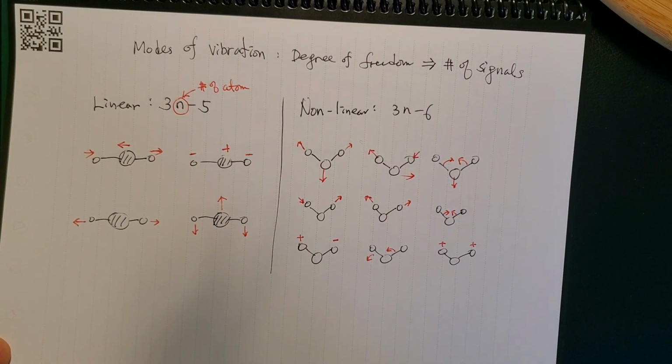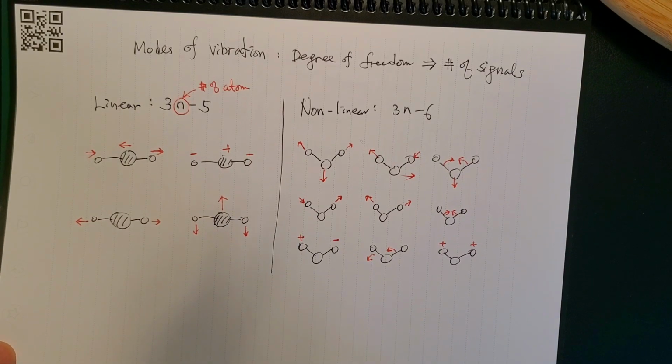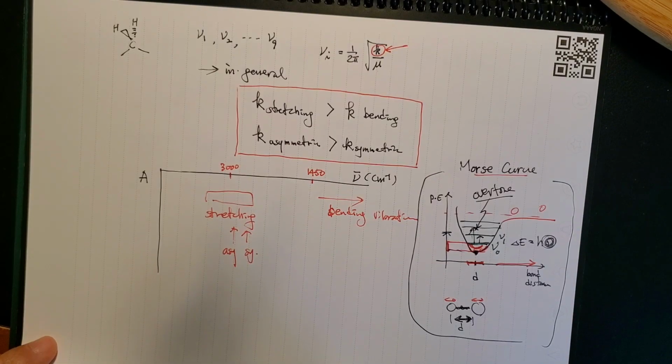So IR is not checking the functional group, and IR is not checking every vibration. IR is active, detecting only the type of vibration that generates changes in the polarity and dipole moment.